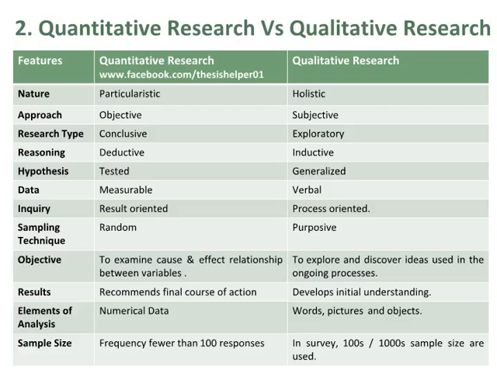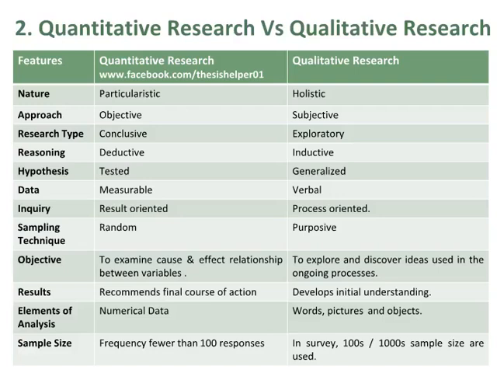The reasoning of quantitative research is deductive, while the reasoning of qualitative research is inductive. Hypotheses are tested in quantitative research, while hypotheses are generated in qualitative research. Data in quantitative research is measurable, while data in qualitative research is verbal.